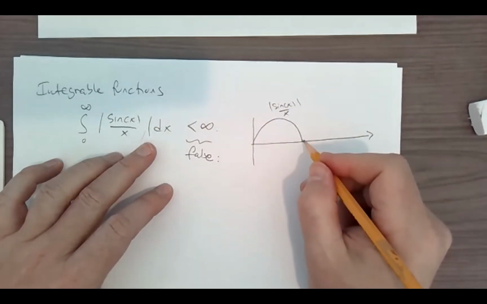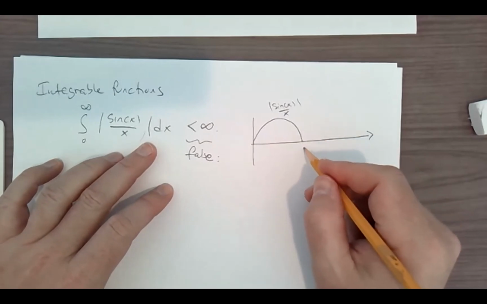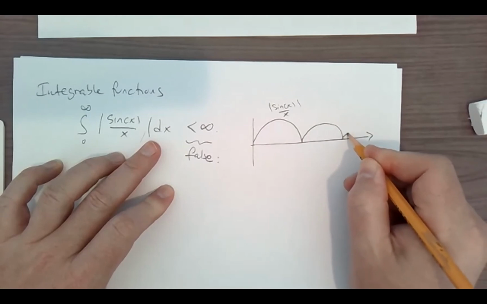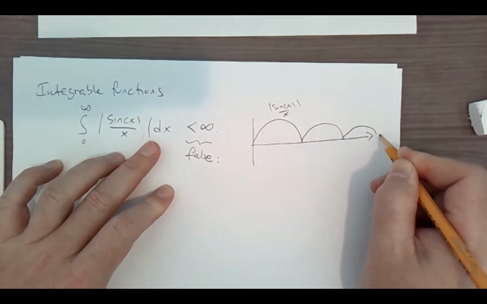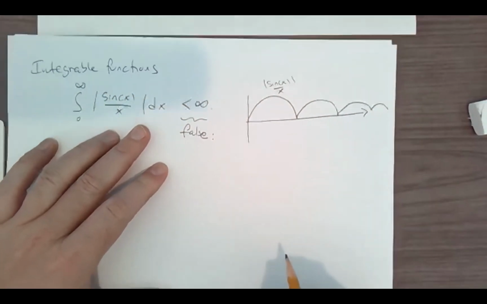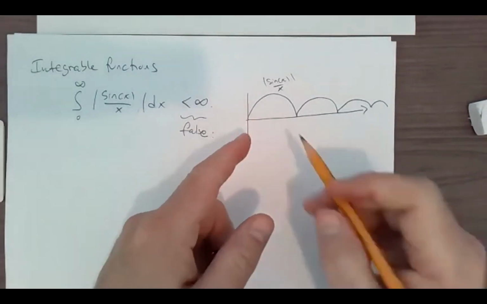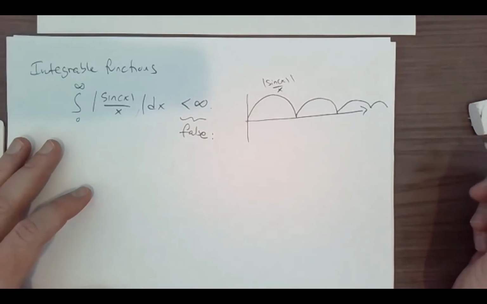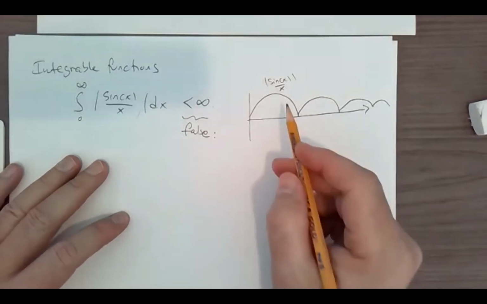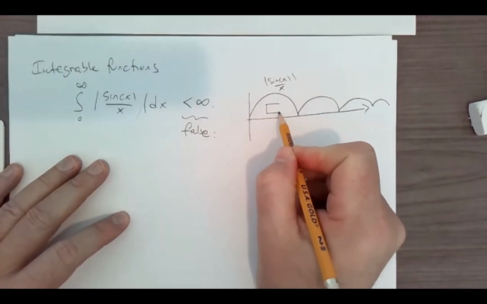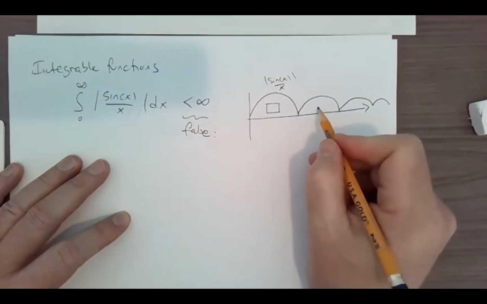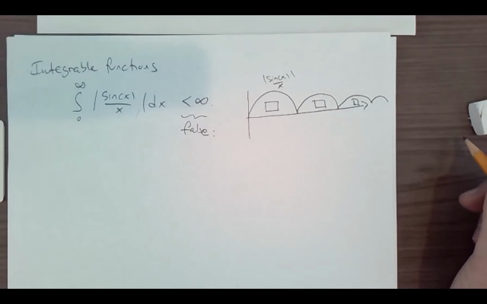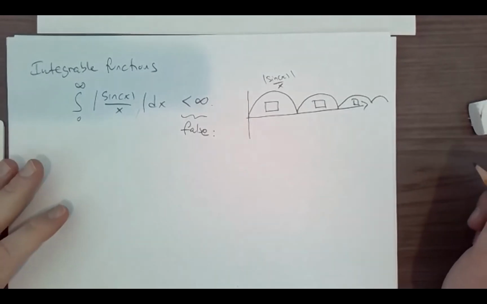So I get the first bubble, and then it goes down, but I take absolute value, so I'm going to get another bubble, and a third bubble, and so on. And what happens when I add up the area of all these bubbles? Well, this is problematic because inside here, I could put a box, and I could put a box in here, and so on.